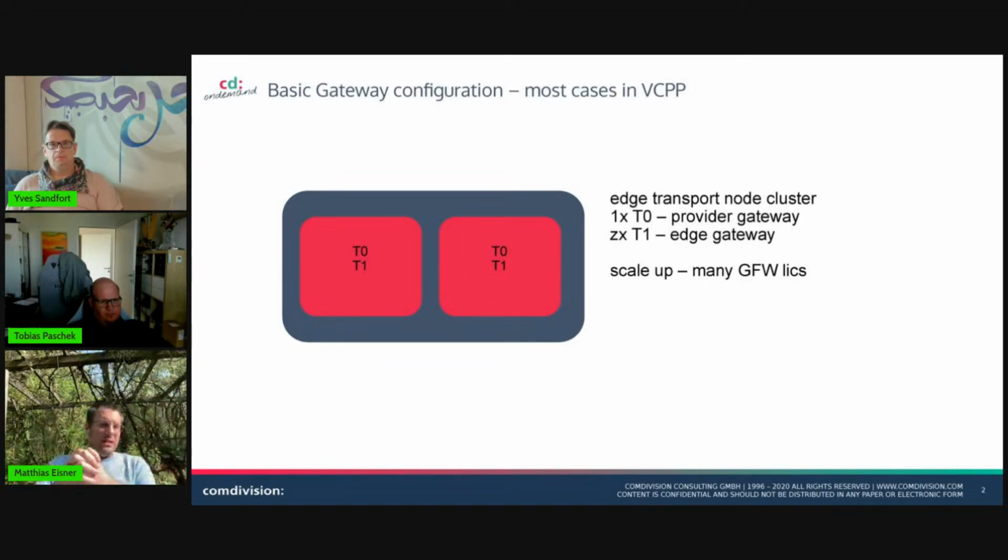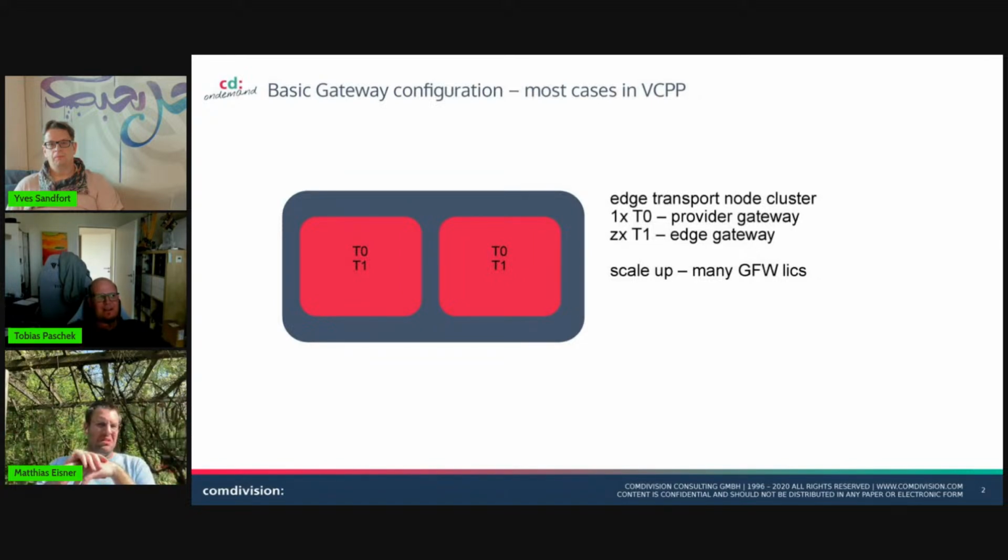It makes only sense if every tenant has a gateway firewall, or most tenants have a gateway firewall. So I think that's more like a small to medium-sized environment. Toby, any idea if we talk about large edge transport nodes, how many edge gateways with an average throughput can be handled? 50? 60?